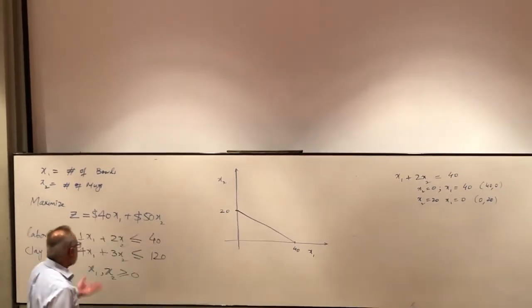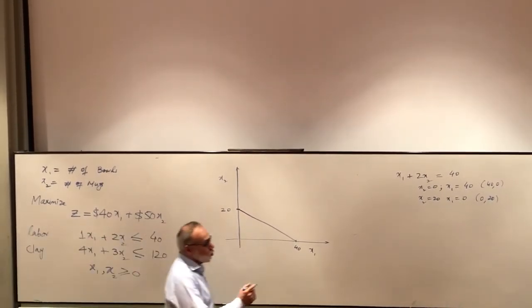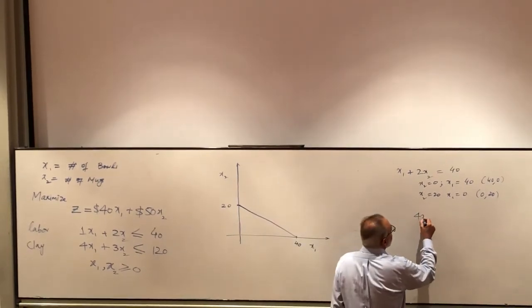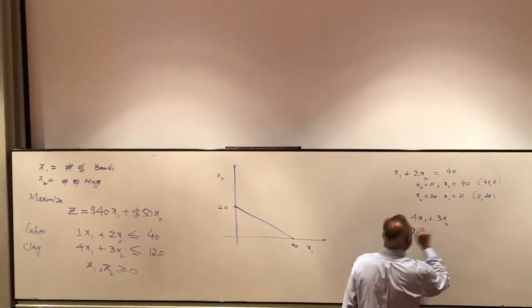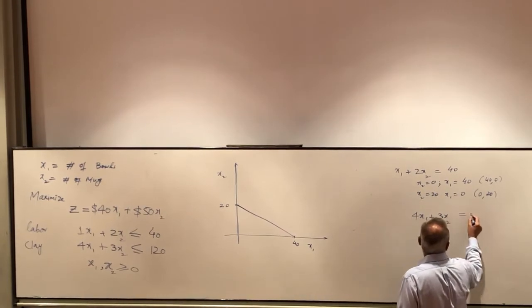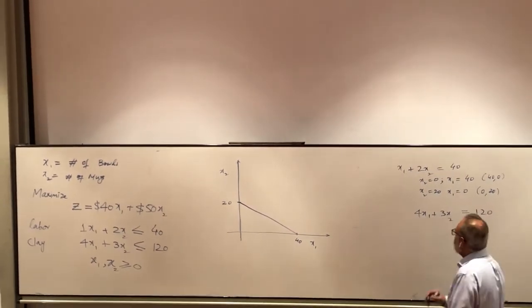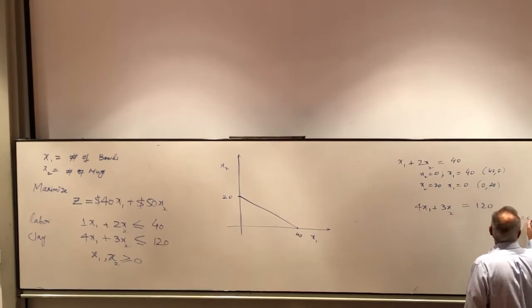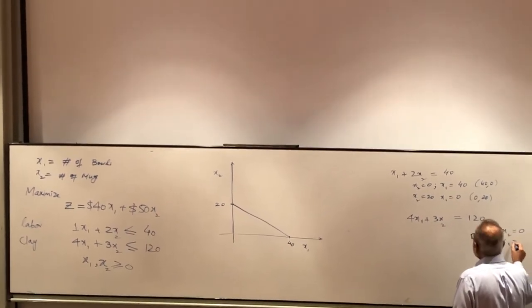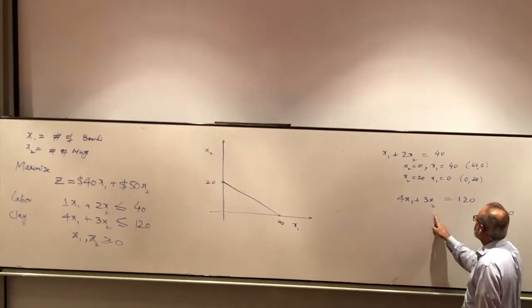And we draw the next one, 4x1 plus 3x2, make it equality again, equal to 120. Then if x2 is equal to 0, x1 will be equal to 30.